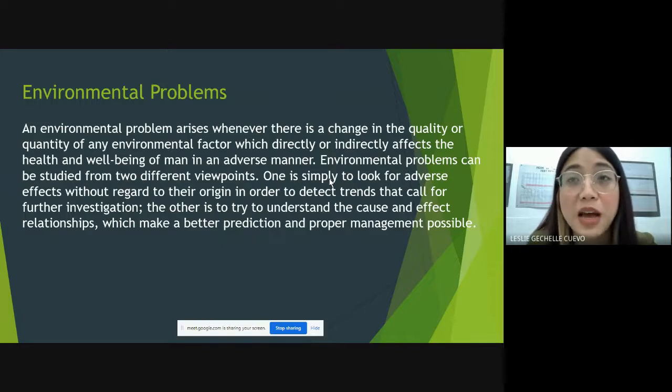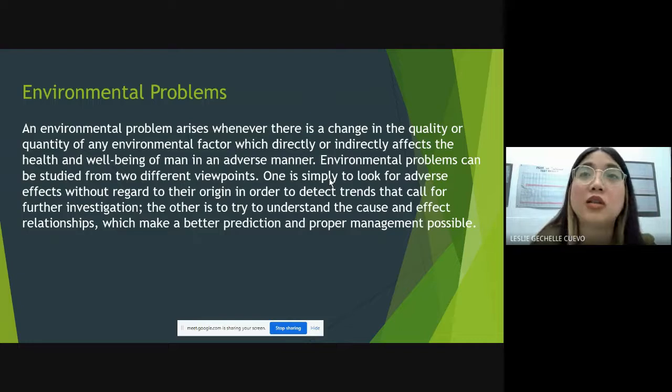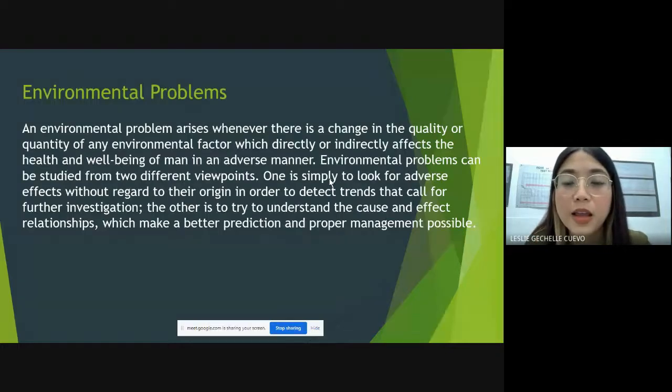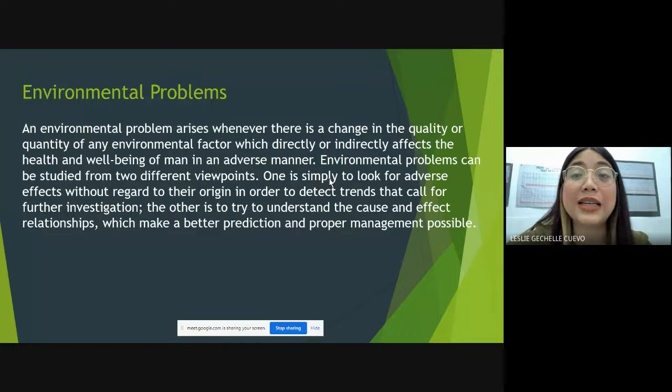Parang sa criminology, di ba? Inaalam natin ang causes of crime, causes of criminality, bakit nagiging kriminal ang isang tao, and so on. In order for us to create better plans, in order for us to implement the laws properly, intindihan na natin.